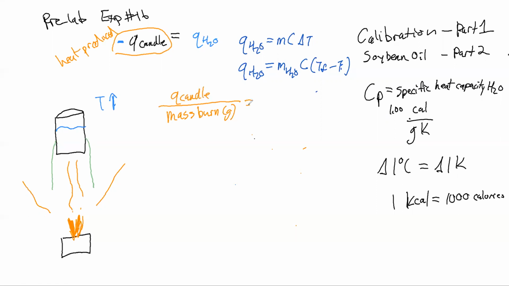And we divide those two, we're going to be able to get the kcal per gram of our burned material. And we'll be able to see how much energy our soybean oil releases, right? We can see how it compares with the standard, which is our decanol.